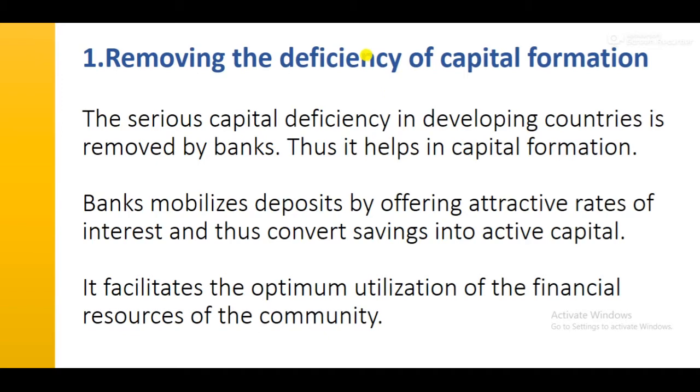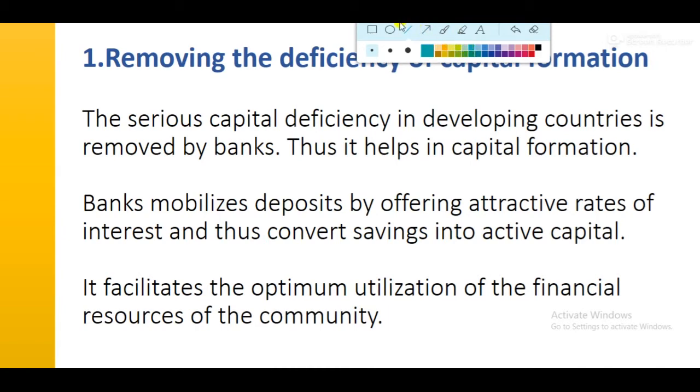It is the duty of the bank to regulate this capital formation, and the serious capital deficiency in developing countries is removed by banks themselves. Thus, the bank helps in capital formation.